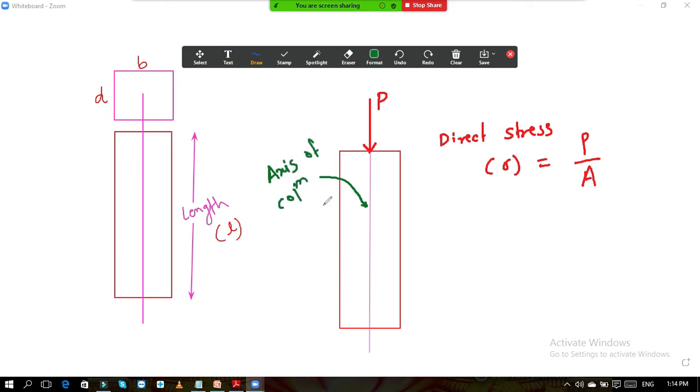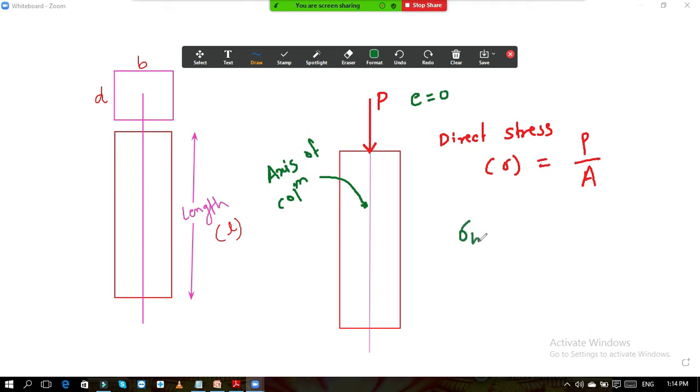So we need to consider the manner in which the load is applied on the column before designing the column. This type of load we call a concentric load. So eccentricity is 0, and in this case the bending stress developed in the column is 0.